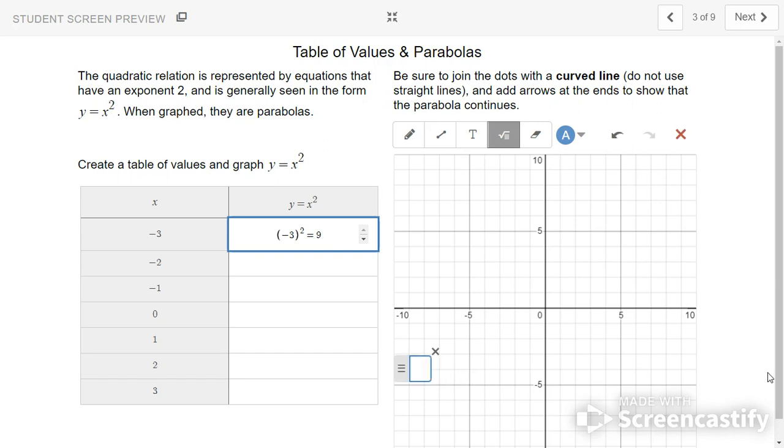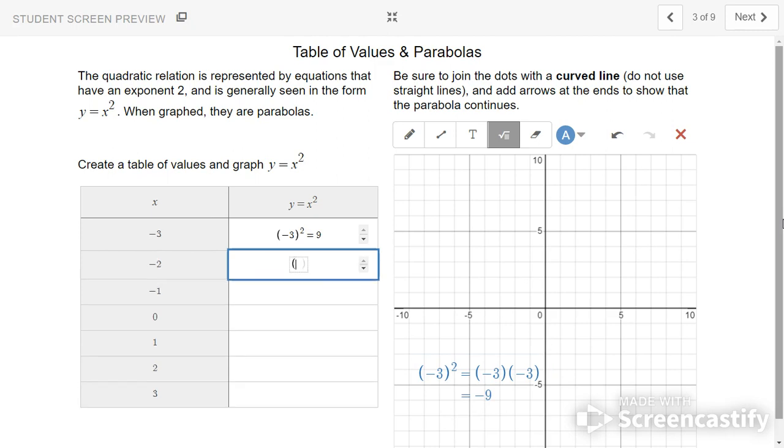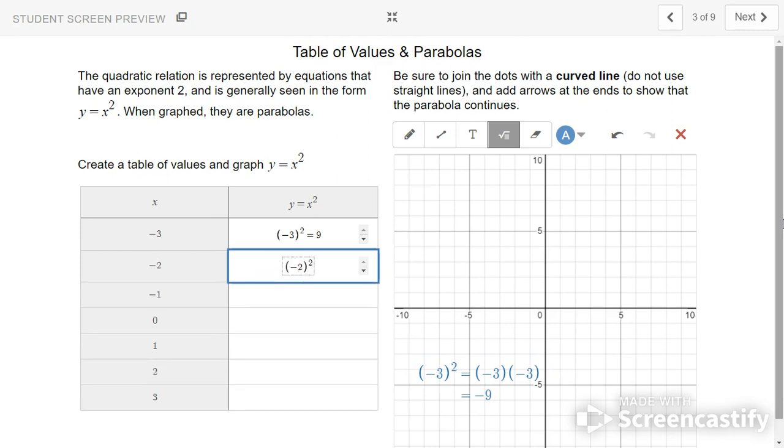Okay, just to write it out here, negative 3 squared is equal to negative 3 times negative 3, and that equals positive 9. So this is just showing all of the work in case you want to know where I got this from. Next one, negative 2. I'm inserting negative 2 into my equation. So negative 2 all squared.